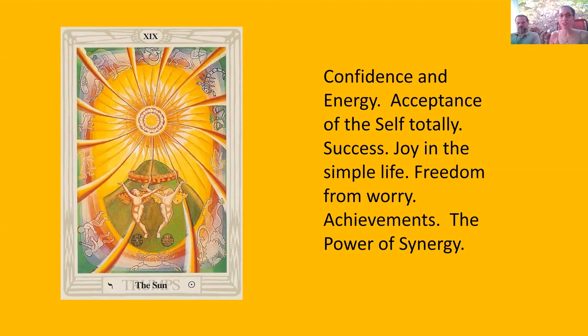Okay, here's the sun card from Aleister Crowley's Thoth deck. We have the two naked cherubim, and the breast and the back, dancing in the circle of the zodiac.